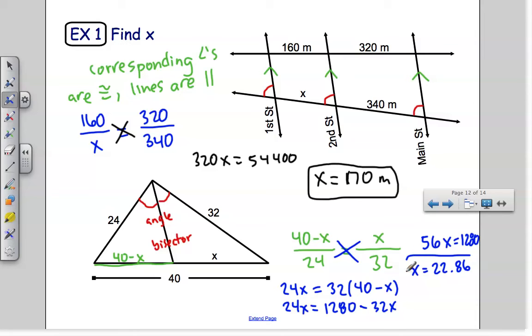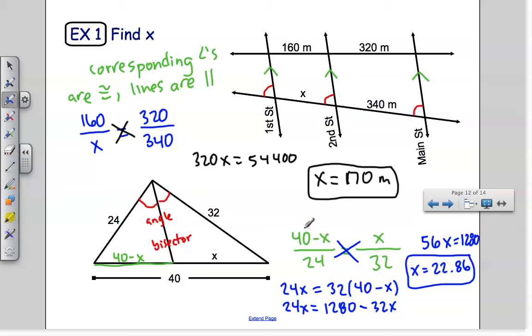So not the best number, but it works out there. All right. In plugging this back in, if this was 22.86 going up here, if I do the 22.86 divided by 32, I could even check this decimal as a fraction. I'm getting like 0.714.